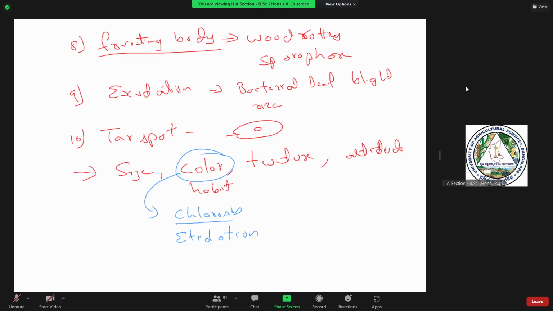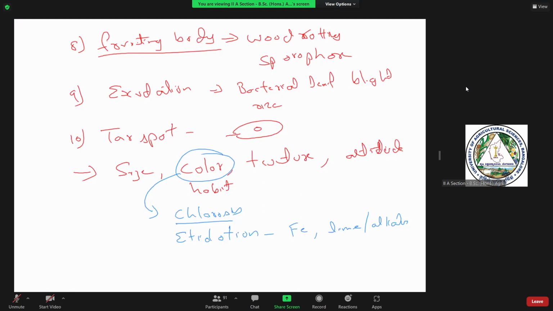It can also happen due to low temperature, low iron content, or even excess lime or alkaline conditions. That means the loss of green color may be due to prolonged darkness, or these conditions can also affect it.